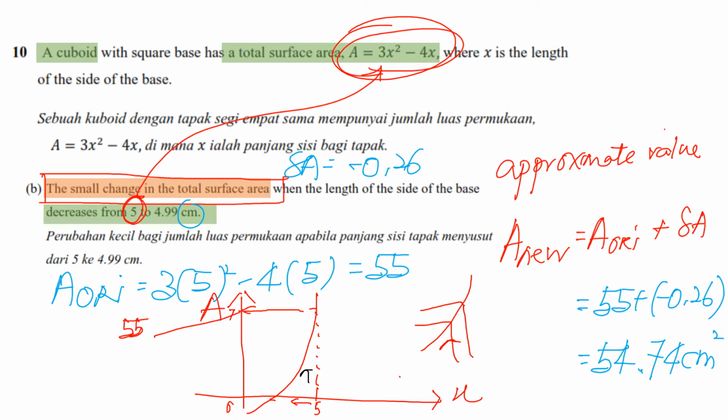Going up here, you should see the value indicated by 54.74, and this is the del A, right? And this is the del X. I hope that you understand this.